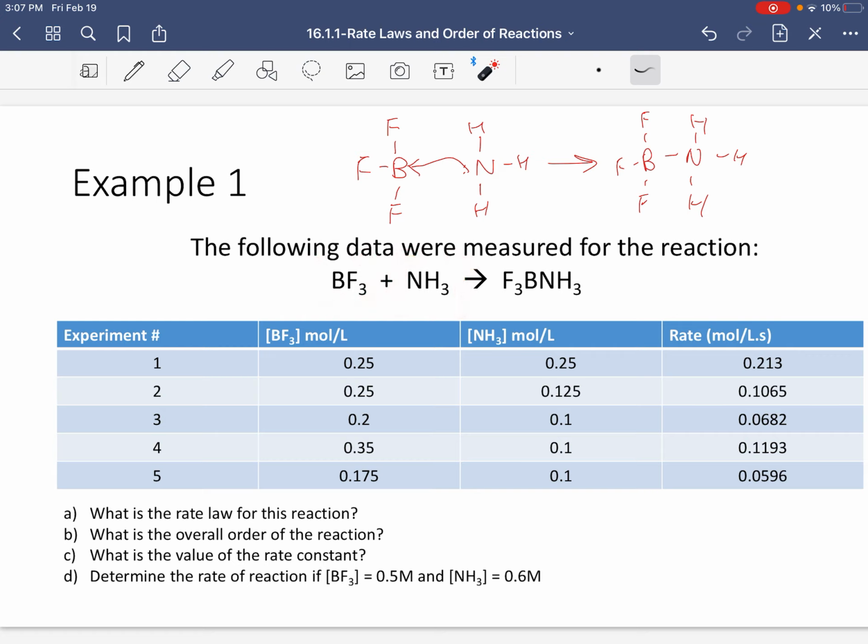Let's do a rate expression for this. The rate expression for this is that the rate is equal to K times BF3 to the power of, let's say, A, times NH3 to the power of B. There are three things here that are within my interests: K, A, and B. Because if I can find out what these numbers are, it doesn't matter how these change, I will still get the rate.